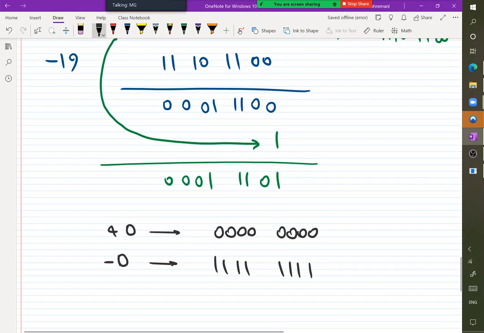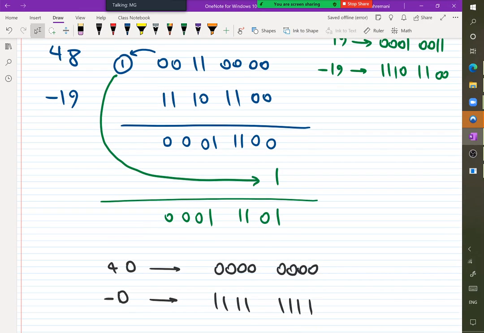We have some complexity for addition because we need to carry it around and add the carryout to the sum. But the advantage, we got rid of subtraction. Okay, we just perform addition to add two numbers. Any question?